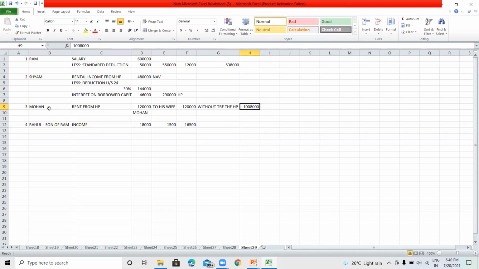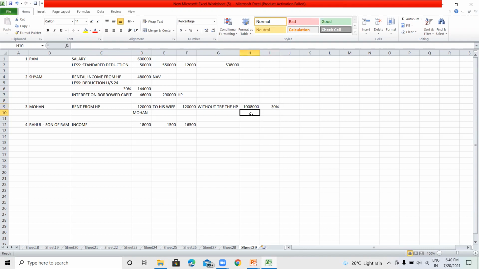The tax rate is 0 up to 2.5 lakh, 5% for 2.5 lakh to 5 lakh, 20% for 5 lakh to 10 lakh, and more than 10 lakh the tax rate will be 30%. He falls under the bracket of 30%.